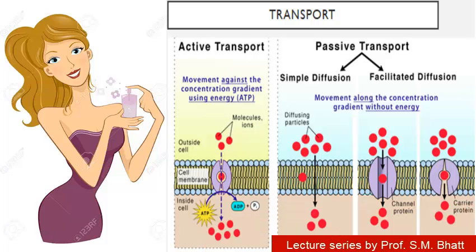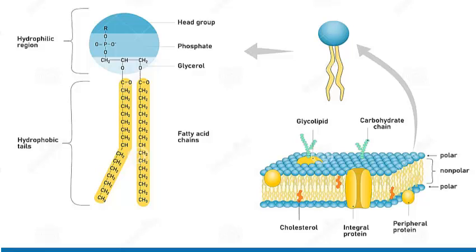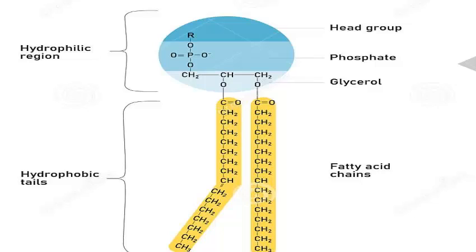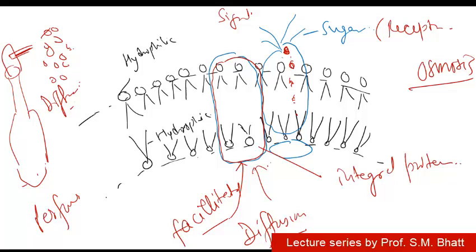You might know about the membrane structure, right? It is made up of phospholipid components, with a phosphate here and a lipid portion there. The lipid portion is hydrophobic and the phosphate portion is hydrophilic. Now you can see there are integral proteins.